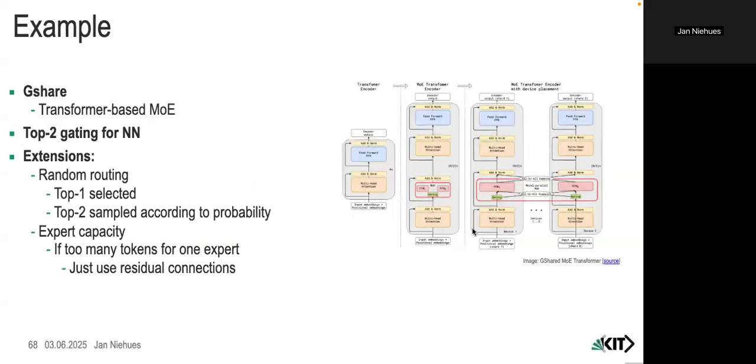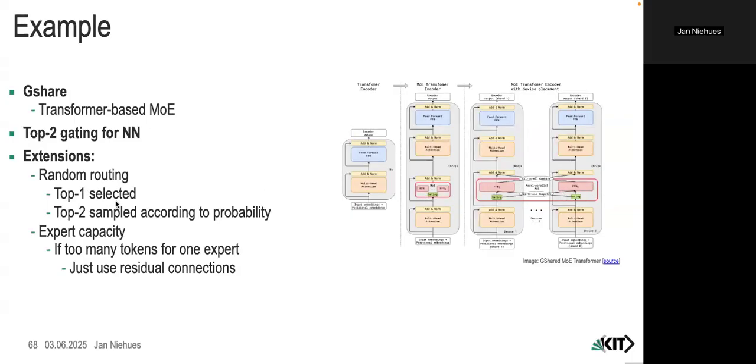Yeah, so one or two examples. The one is the so-called GShard, where you have the scaling that we saw before. Here you see again the typical example of a transformer. So this is a normal transformer. Here you're doing the mixture of experts, and that is distributed overall.